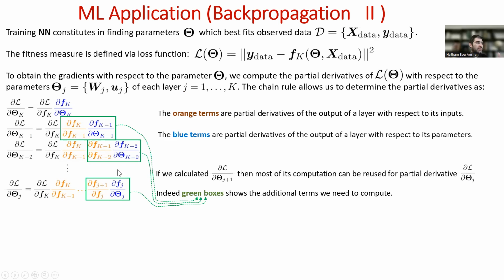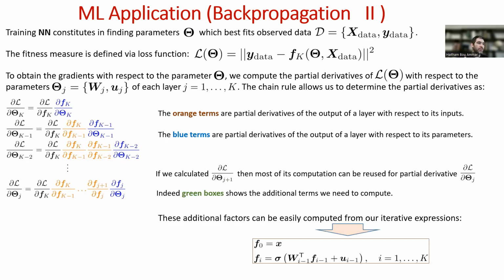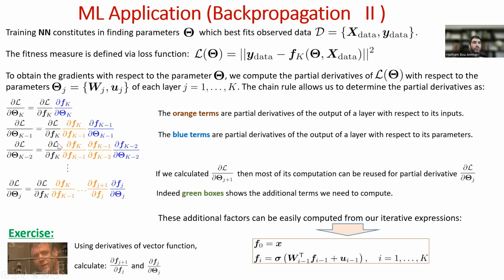The only thing that we have to compute when we do the computation backwards, starting from k, then k minus 1, k minus 2, and so on, is basically these two terms in these green boxes, while everything else we can reuse. And this is the idea of the backpropagation.